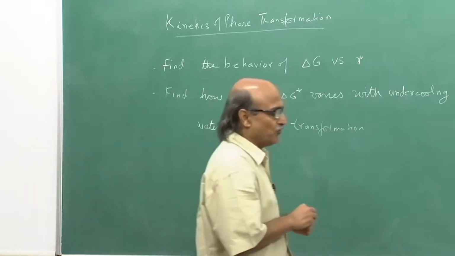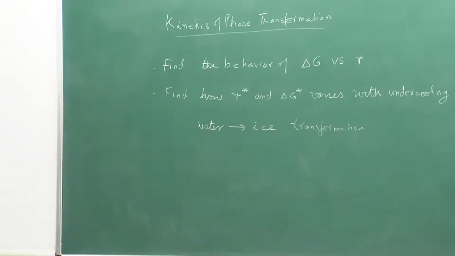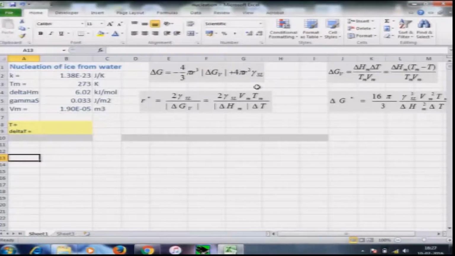So, let us move on to the spreadsheet. Here I have put down the data for the ice water system. Tm is the melting point, 273 degrees Kelvin. The change in enthalpy from water to ice transformation is 6.02 kilojoules per mole.